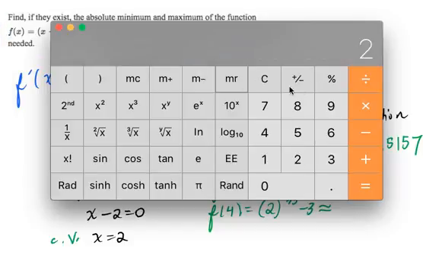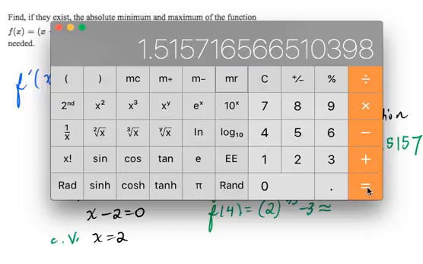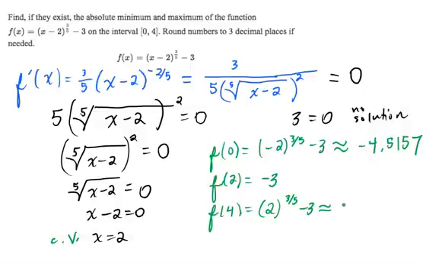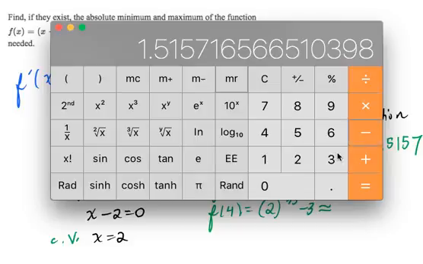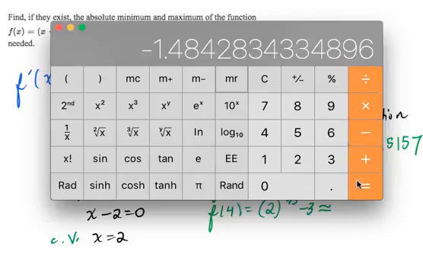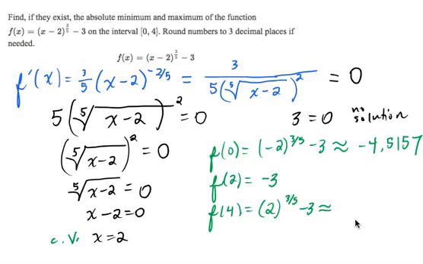So 2 cubed is 8, so let's take the fifth root of 8. We get positive 1.5157, minus 3, oops, so minus 3 is negative 1.4843.